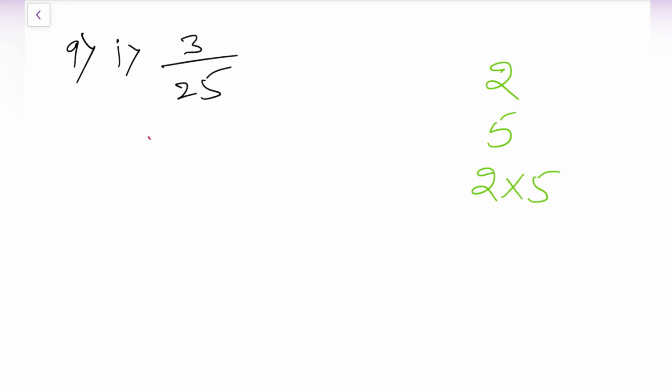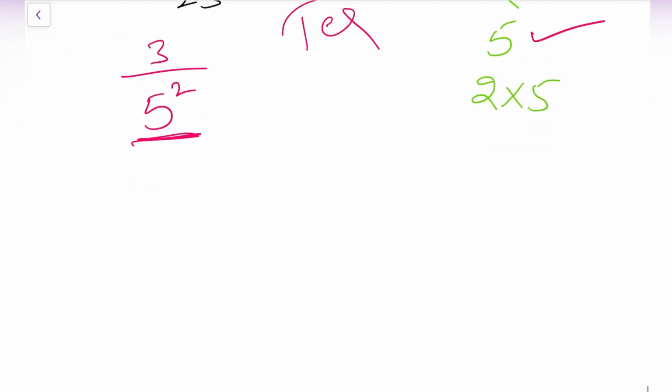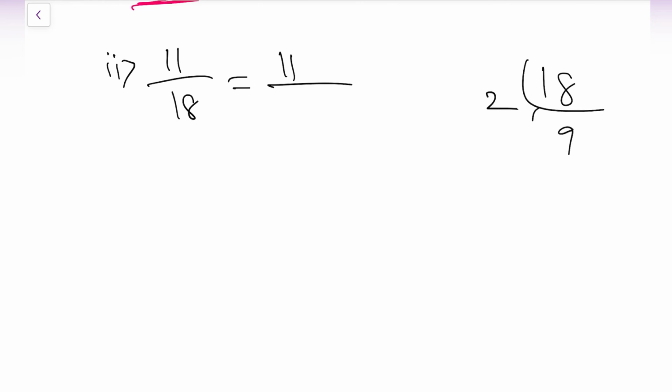Let us check once. 3 by 25: 25 can be written as 5 square. In the base we have only 5, so this is terminating. Next, 11 by 18. 18 is not in the simplest form, so first do prime factorization. 2 nines are 18, 3 threes are 9. So 18 is 2 to the power 1 times 3 to the power 2.